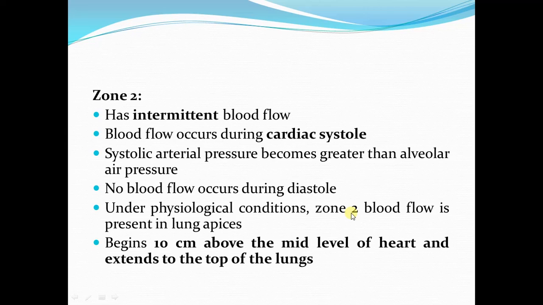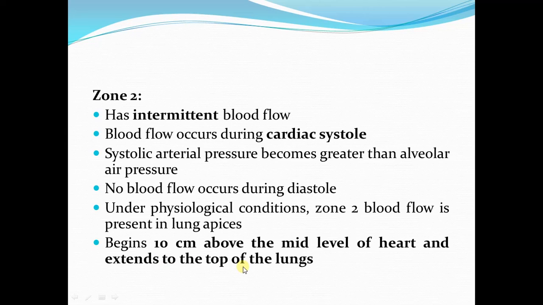Again, I am repeating that in physiological conditions, in an upright person, only zone 2 and zone 3 blood flow is present. Zone 1 blood flow is present under abnormal conditions. And zone 2 blood flow is present in the lung apex. It begins about 10 centimeters above the mid level of the heart and it extends to the top of the lungs.